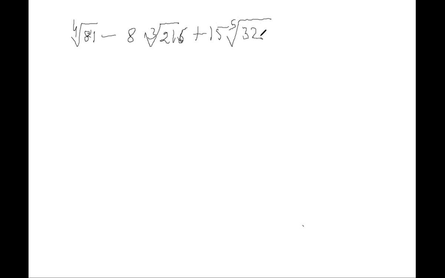So let us have another example. 4th root 81 minus 8 into cube root 216 plus 15 into 5th root 32 plus square root 225.